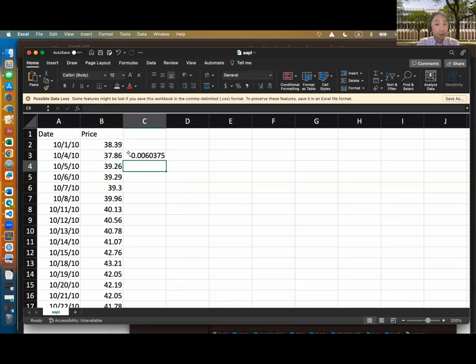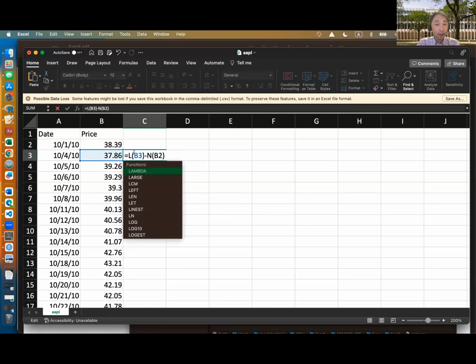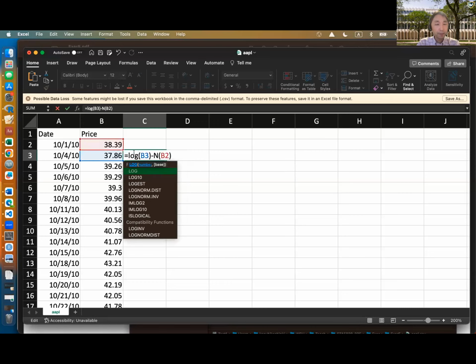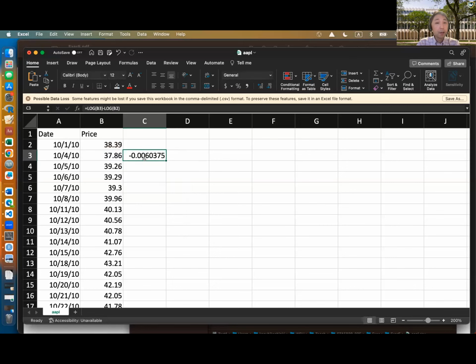Sorry, the 53 cents. So log of this. I think this is different from R, so maybe we have to use ln or something. Oh no, log 10. Only negative 0.6%.